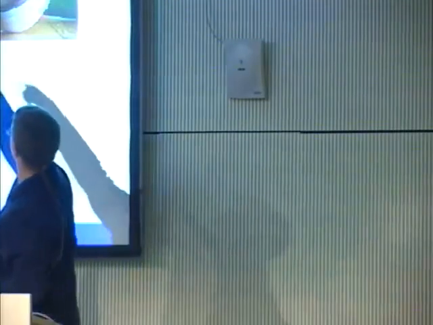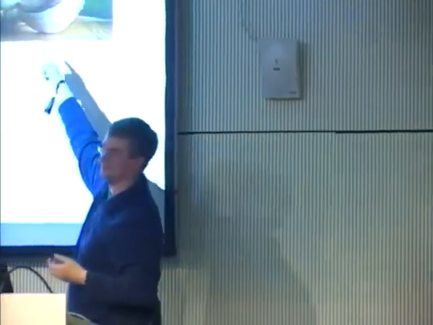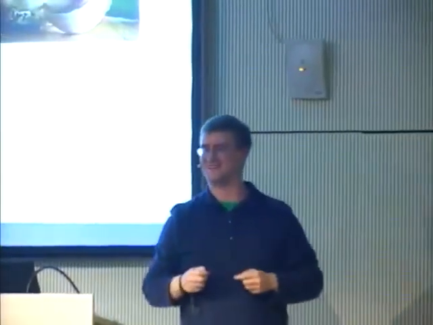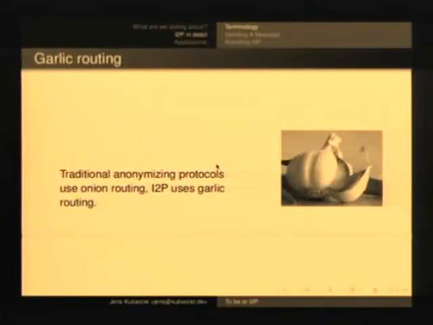The tunnel gateway of the outbound tunnel can then decrypt the outer layer of the garlic and has several, well, actually, I don't know the English word for this, Knoblauchzehe. So let's say out of the garlic come several onions, and then you have the onion routing principle. It's not really correct, but I hope you understand what I'm trying to tell you. This principle is called garlic routing.